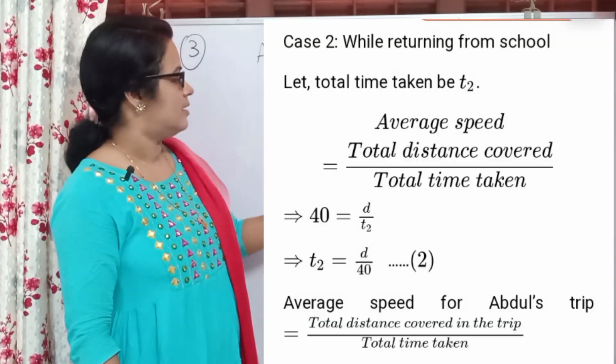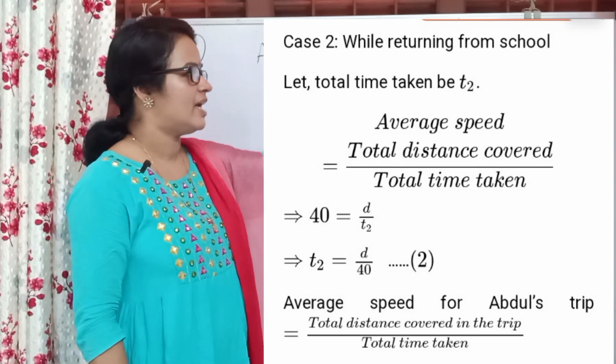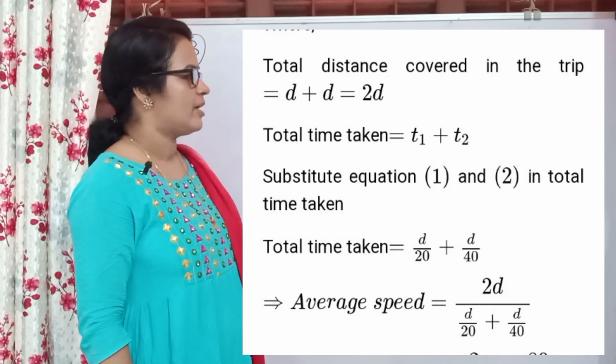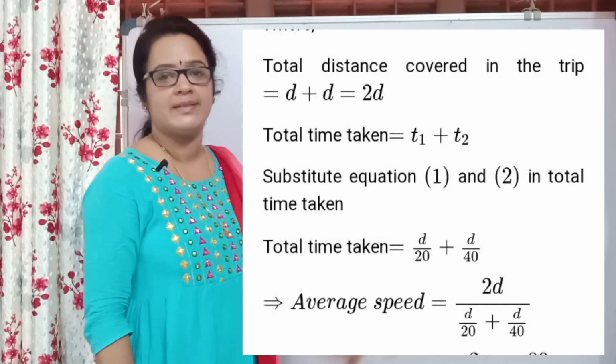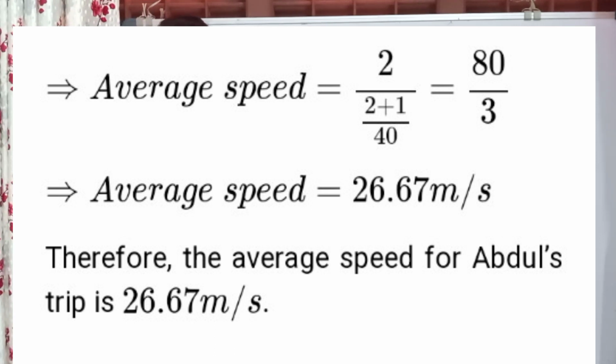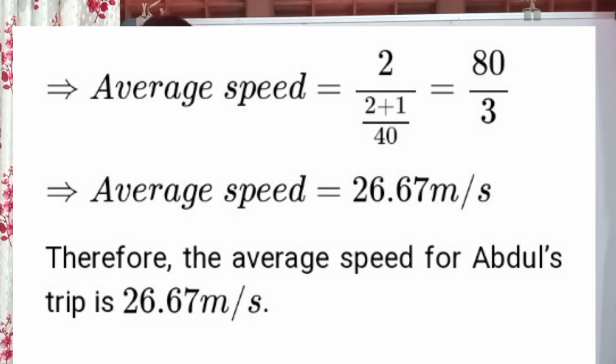Now we can find the value. 2d and d will get cancelled. Then 2 divided by 2 plus 1 by 40, so that will be 80 by 3. We are getting average speed as 26.67 meter per second. 26.67 meter per second is the average speed for his total journey. Okay, clear?